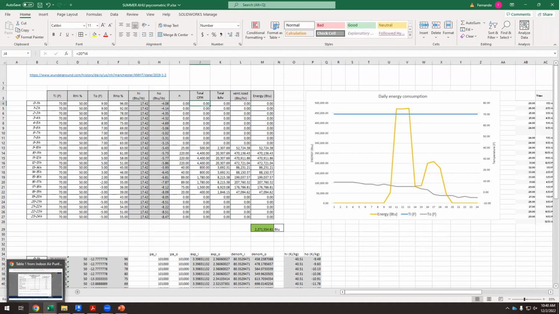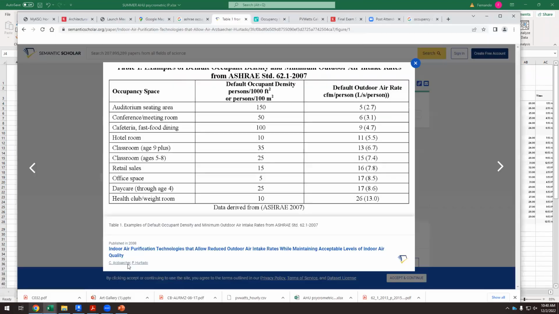Keep in mind that these values that we find in the ASHRAE are always the minimum values. Okay, so if I find here 17, that means that the minimum is 17. 20 is totally fine. So I can lower this number, but I can go up.